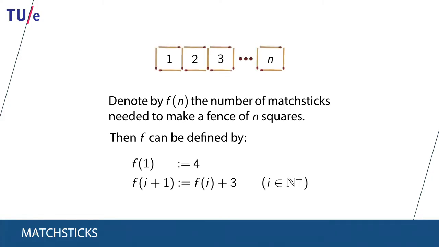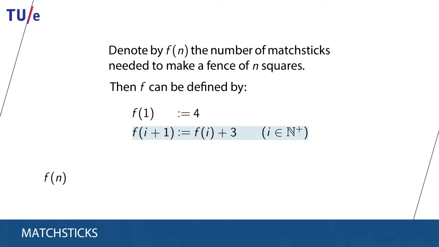Thus, we have defined a mapping f that gives the number of matchsticks needed to make a fence of n squares. The definition consists of 2 clauses. The first clause defines f of 1, and the second clause defines for all positive natural numbers I how f of I plus 1 is obtained from f of I. Note that this definition allows us to compute f of n for every n.